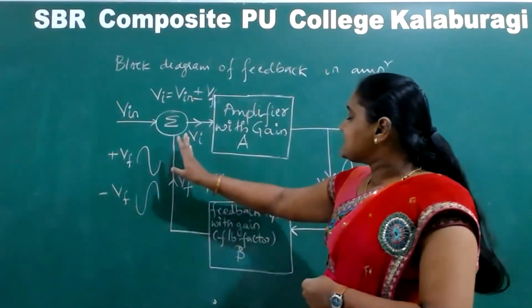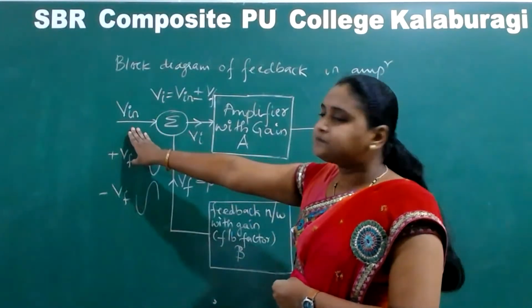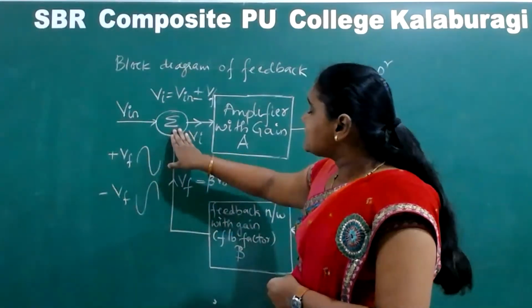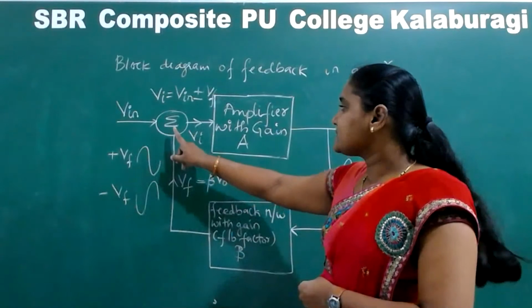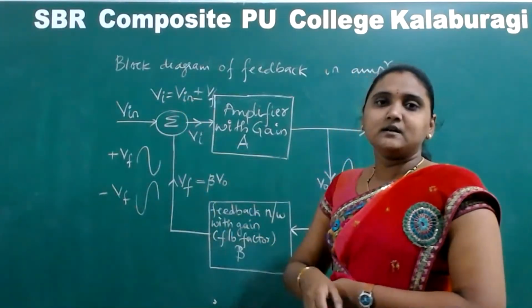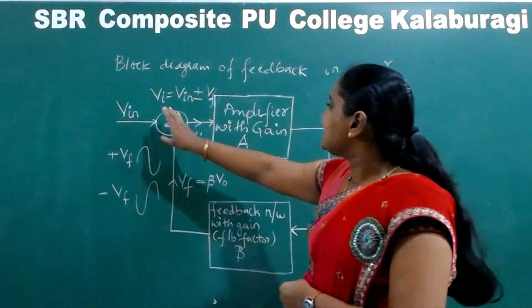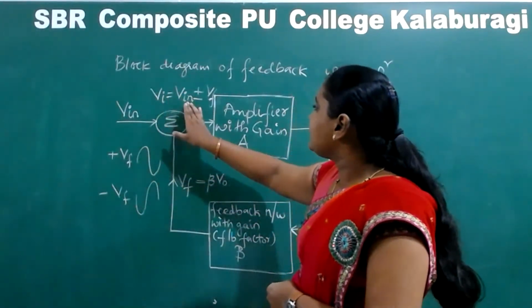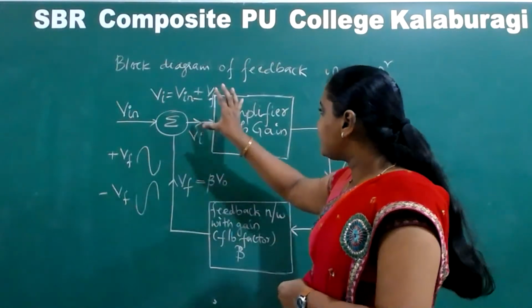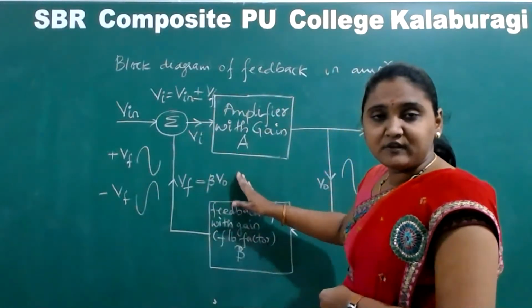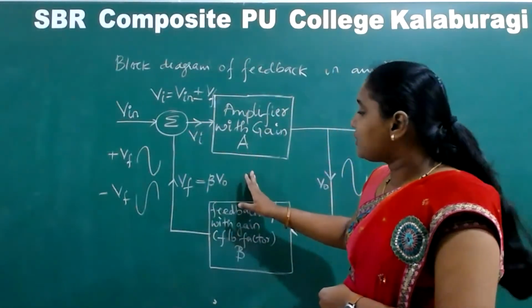This signal is combined with the Vin. The summation symbol shows that the two signals are mixed, or combined, here. That signal is given by Vi equal to Vin plus or minus Vf, because I am not specifying whether this is a negative or positive feedback block diagram.